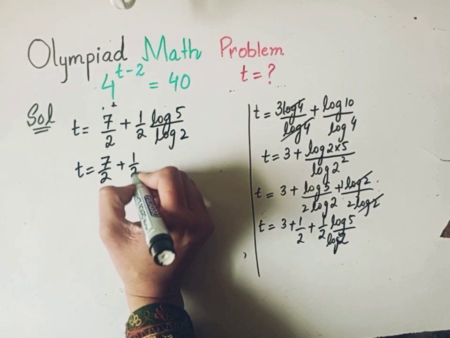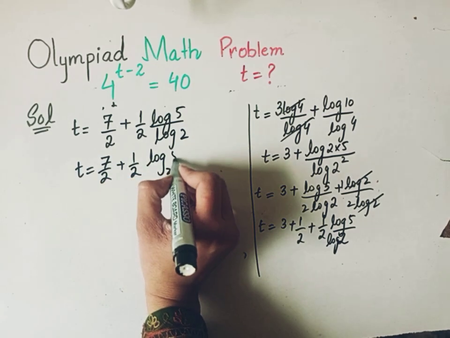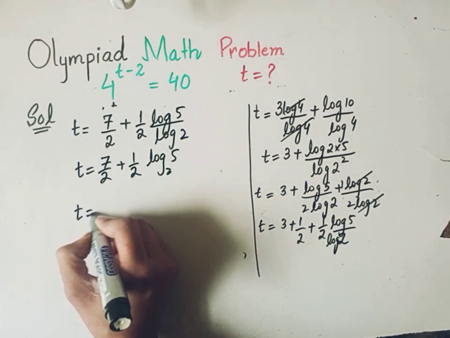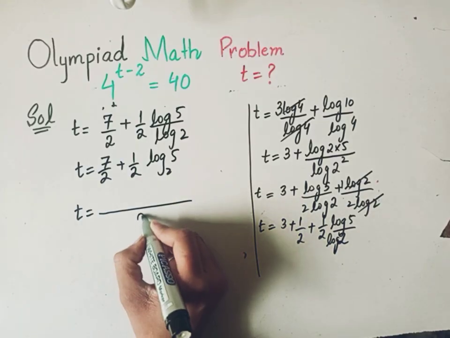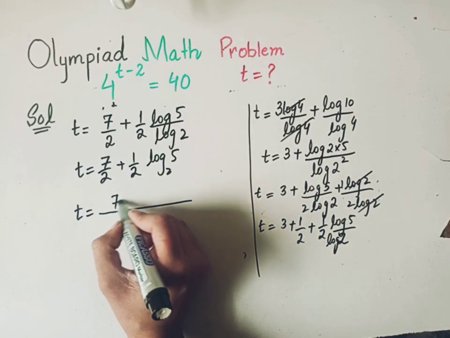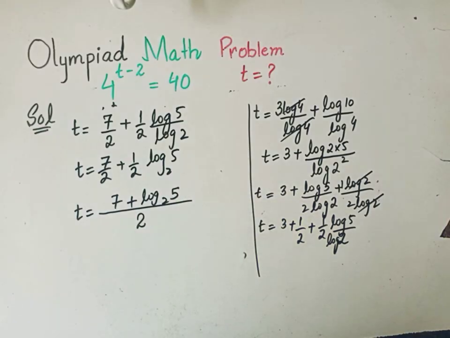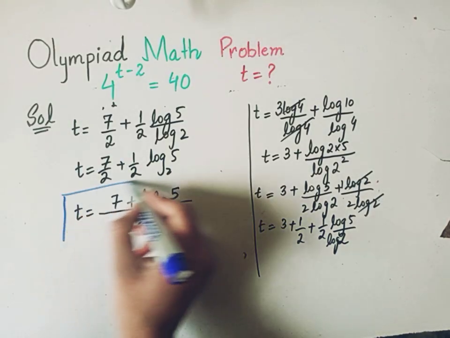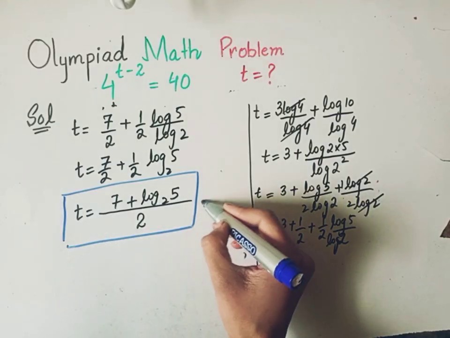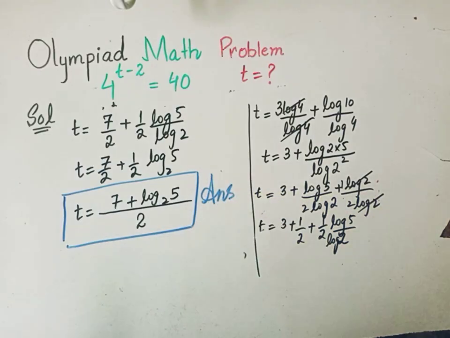So this will become log base 2 of 5. Now we write the final answer, that is 7 by 2 plus log base 2 of 5. So this will be the final answer. We will write this here.